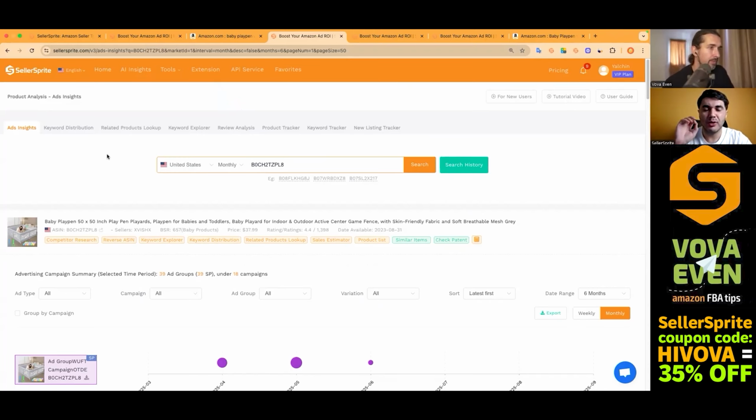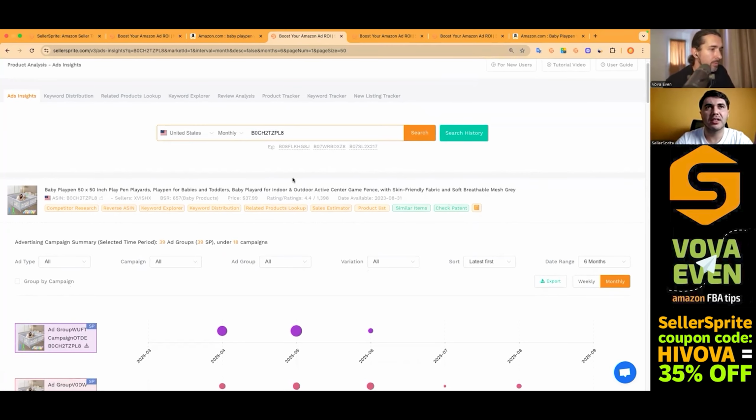Sorry, you said a very good word and a very good emphasis. Guys, this SellerSprite tool, or the general tool, indicates only keyword related campaigns. We show the sponsored product, the sponsored brands and the sponsored brand video, but we cannot track the ASIN targeting or sponsored display video, sponsored display campaign.